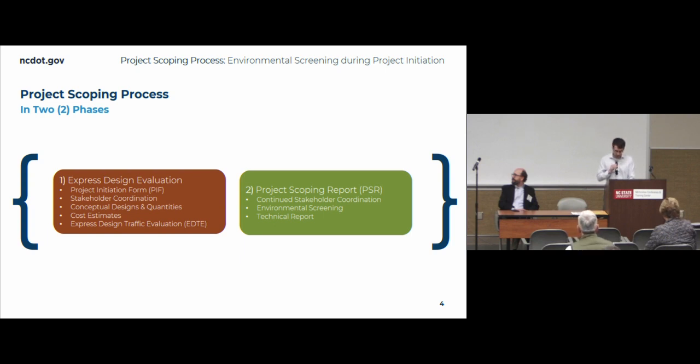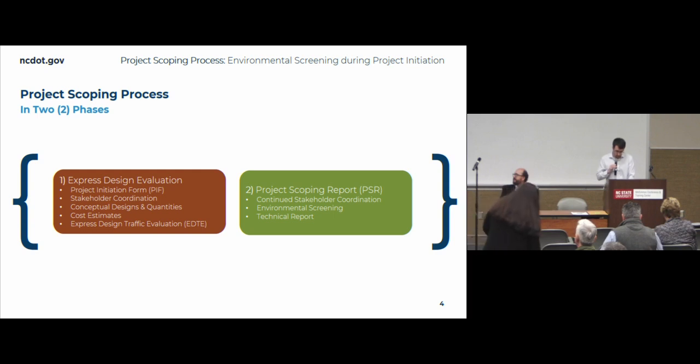Then when or if the project is programmed for preliminary engineering only in the STIP, the project scoping report will be initiated. We can also initiate this earlier if needed for some of our larger projects that need the extra level of effort even before prioritization submittal.